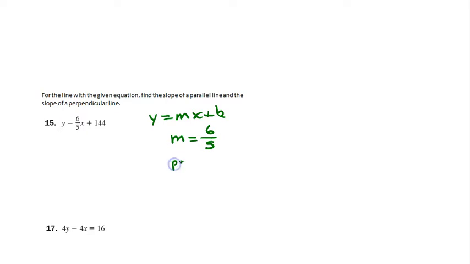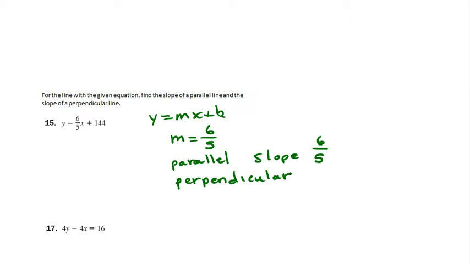So that means any line that is parallel to this line would also have a slope of 6/5. A line that's perpendicular would have to be the negative of this. Well, the negative, or the opposite of 6/5 is negative. And the reciprocal of 6/5 is 5/6. So our perpendicular line has a slope of -5/6.